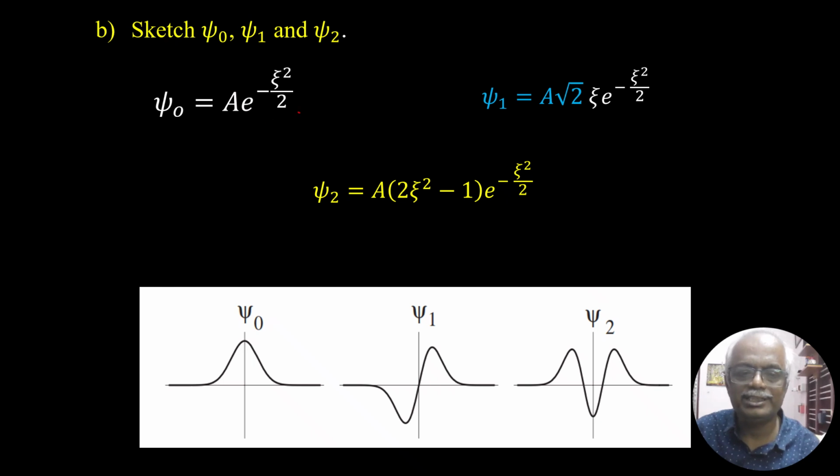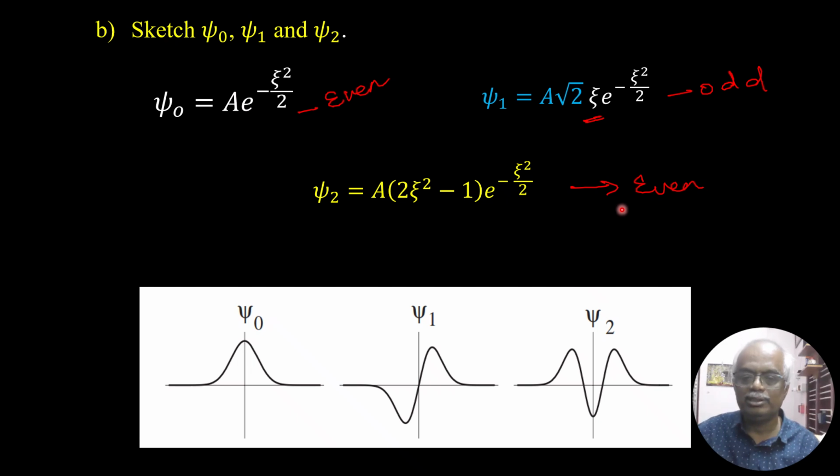Here you can see psi 0 is an even function, psi 1 is an odd function, and psi 2 is also an even function. So keep it in your mind. We are going to use this in future. Just now we are going to use this fact and find the orthogonality property.